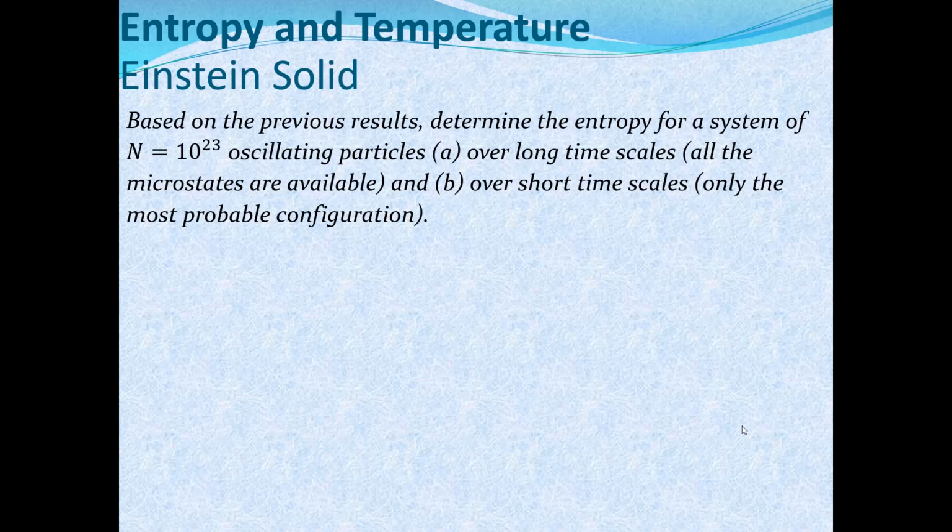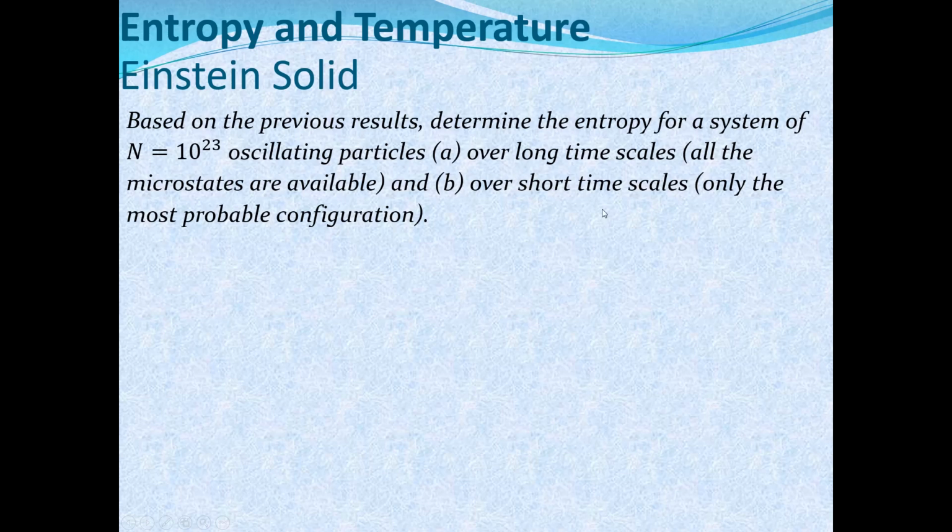Now, as we showed in previous videos, the most probable configuration is pretty much the only setup of configurations that we should consider, because in the real world, that's the most likely to occur. We're not really going to be seeing things far outside of the most probable. But technically, we could also talk about all the available states. So what they use to refer to these is over long time scales and over short time scales.